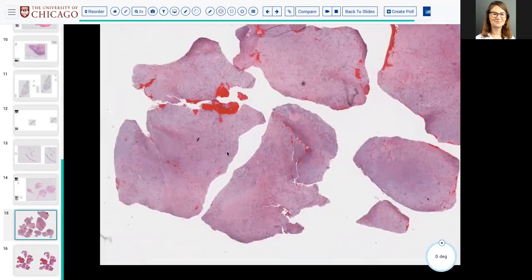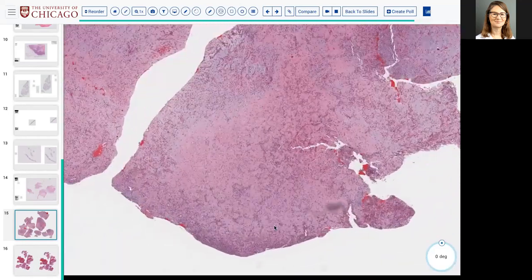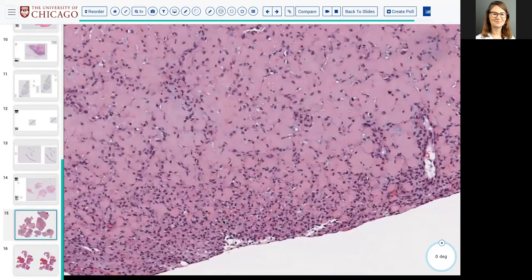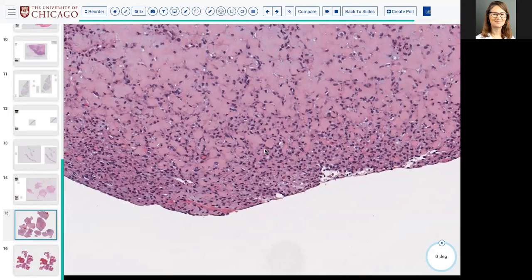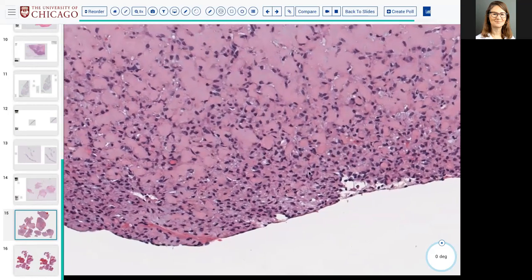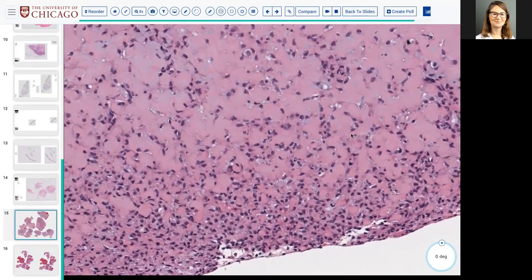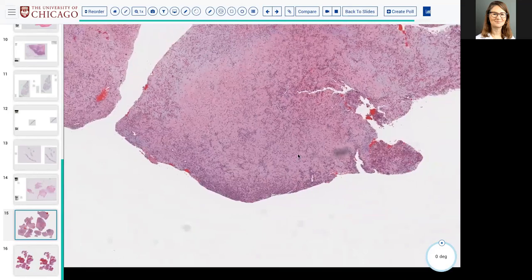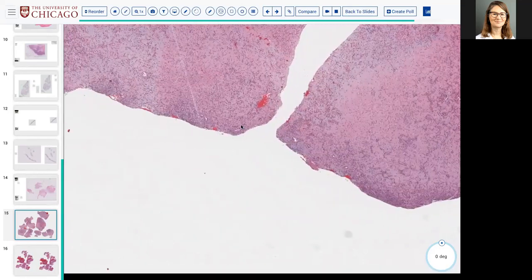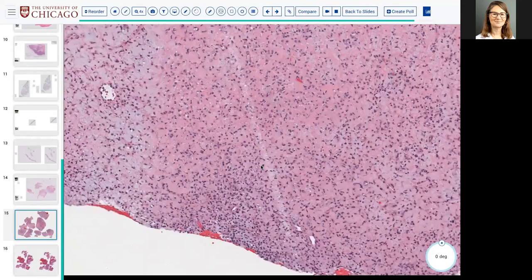These are benign, and what they can do, I think last year I may have given an example, is they can actually have quite significant, almost degenerative or symplastic type of atypia that might make one worry about a malignancy.